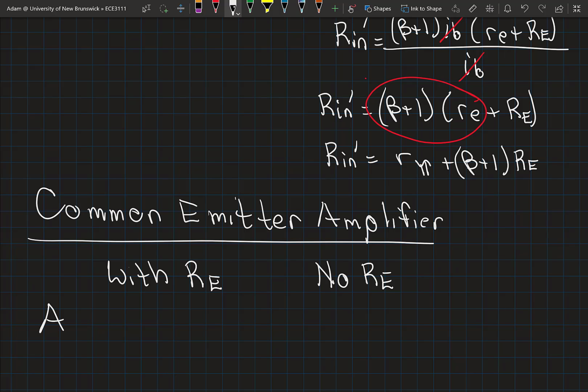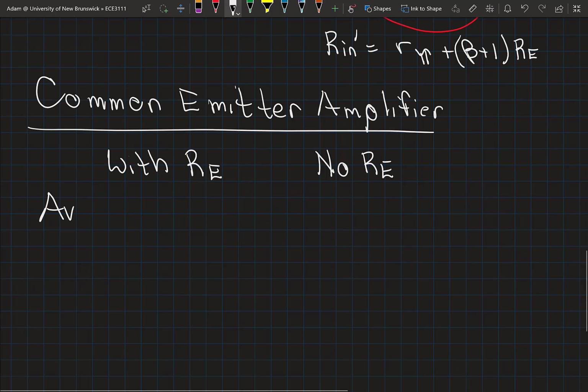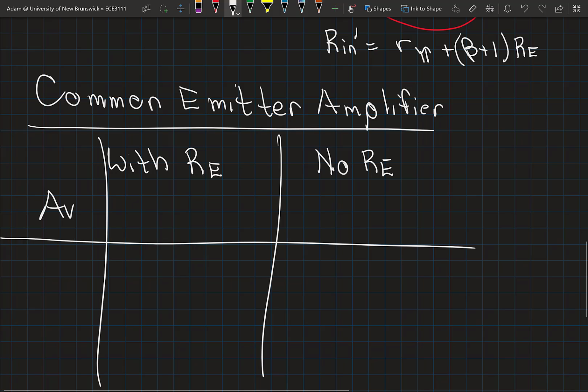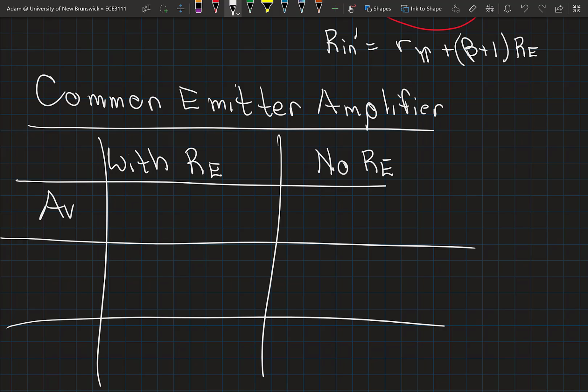So with RE, our voltage gain, we discovered, let me maybe put this in the form of a table here. My small signal voltage gain was equal to minus alpha RC over little re plus big RE. But when RE is bypassed, it's minus alpha times RC over little re.